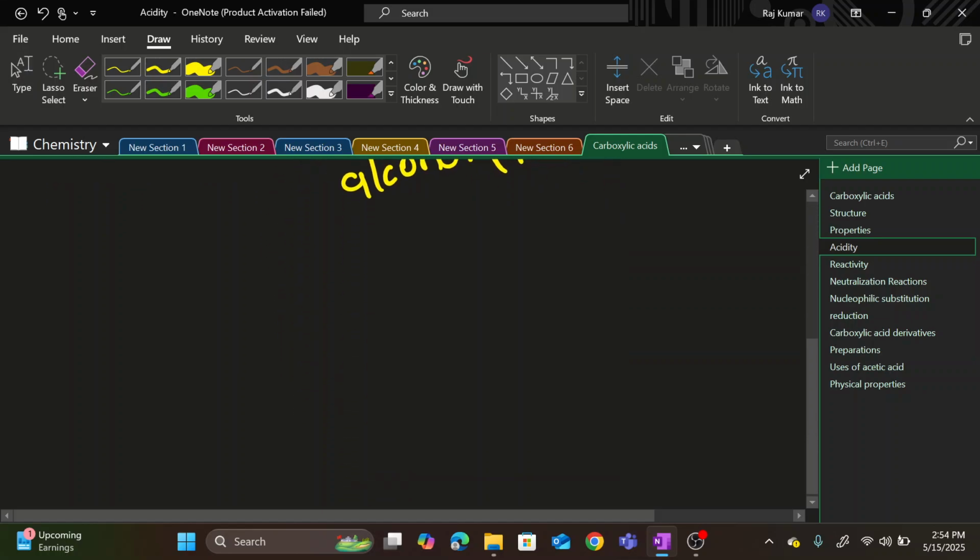Now, if you look into carboxylic acids, we can classify their acidity by two important things. Let's say I draw the structure of a carboxylic acid.